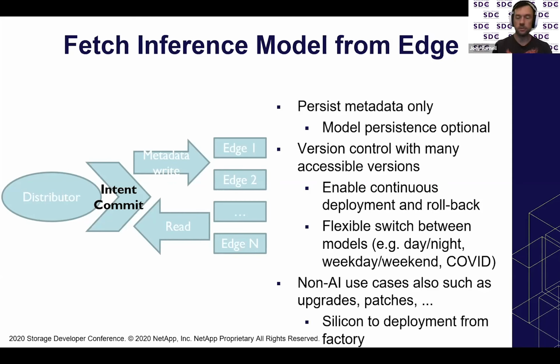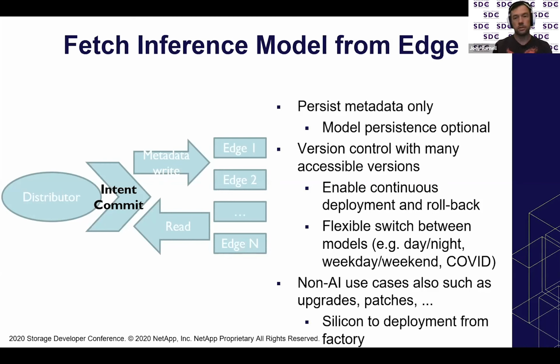And then there's obviously new things happening with COVID where you want to look for certain things, maybe you want to apply distancing or look for areas that need to be cleaned, things like that. But these are things that you can switch flexibly between all these different models, and you don't have to store all of them in memory. They don't have to all fit in memory because you can swap between them using this deployment model.